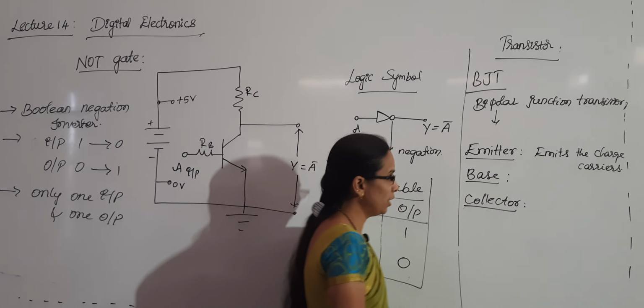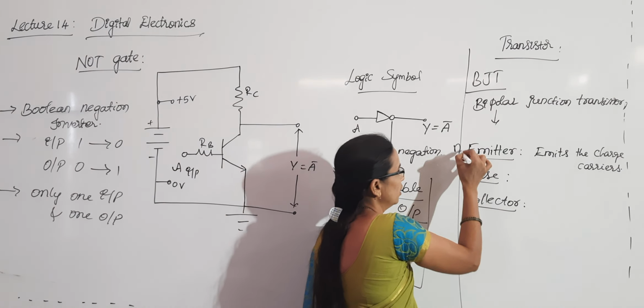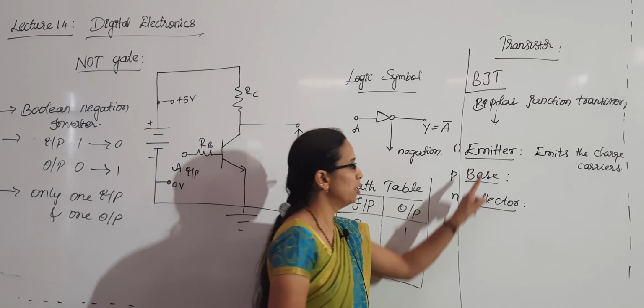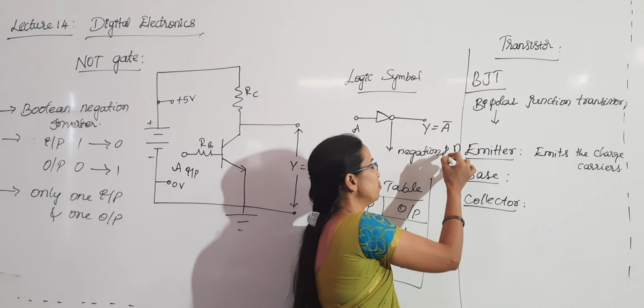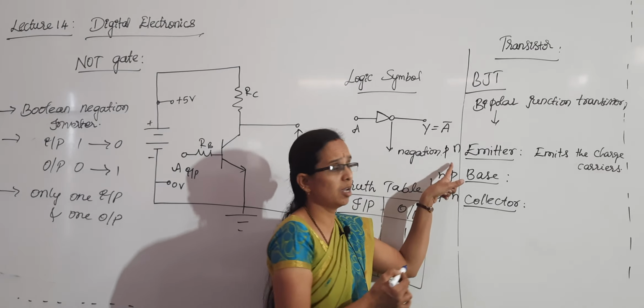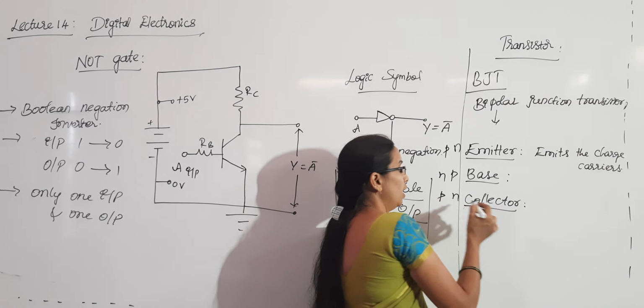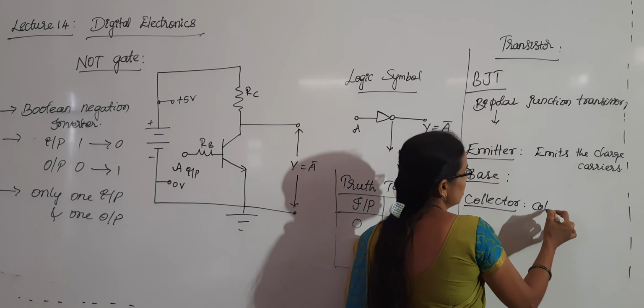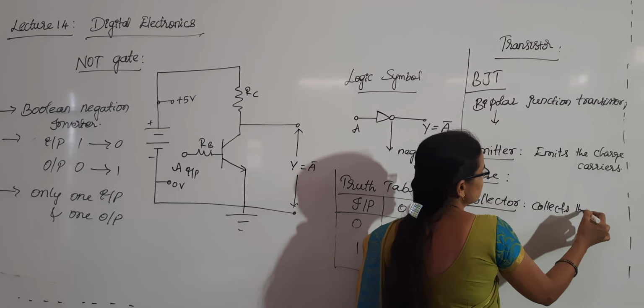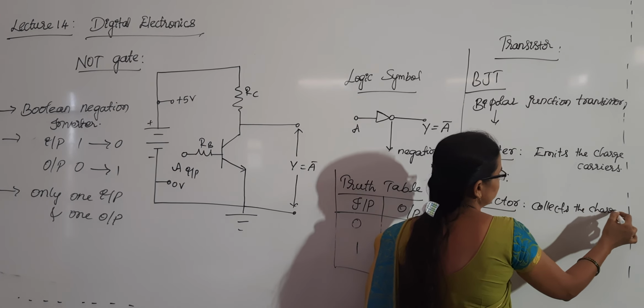If it is an NPN transistor, it emits electrons. If it is a PNP transistor, then it emits holes. And the collector, as the name suggests, collects the charge carriers.